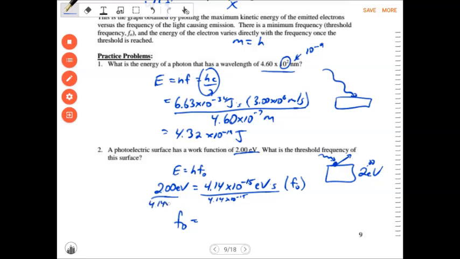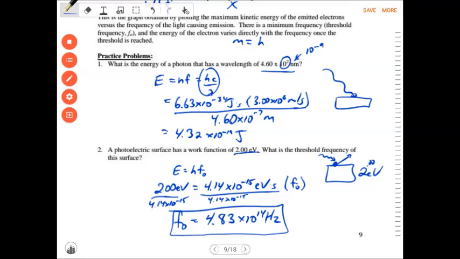So 2 divided by 4.14 E negative 15. So the threshold frequency is, let's see, I got 3 sig digs still, so 4.83 times 10 to the 14th hertz.